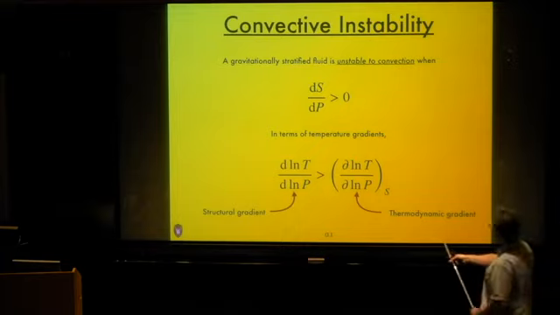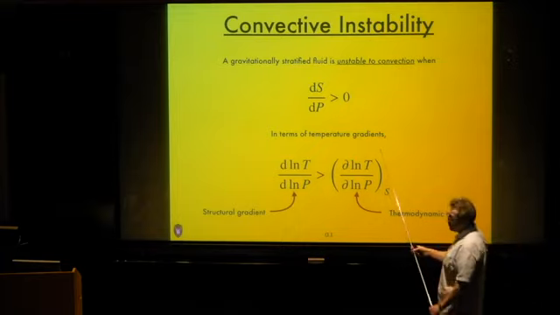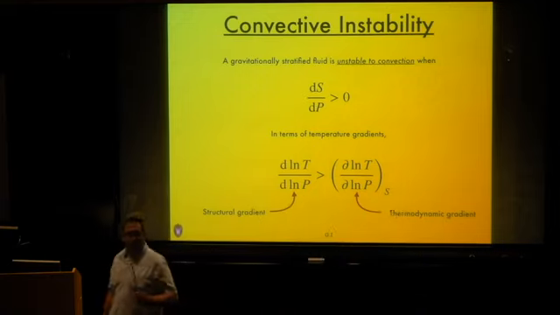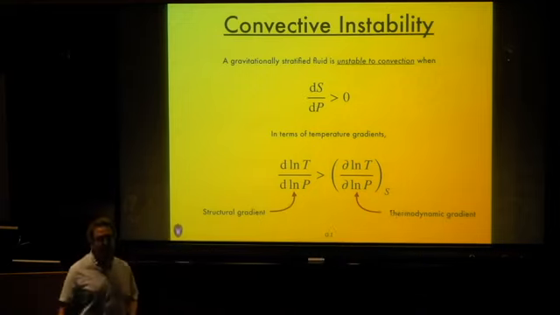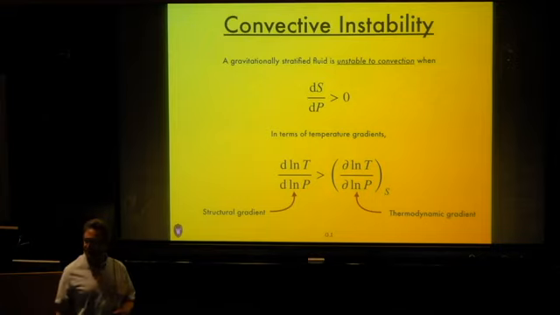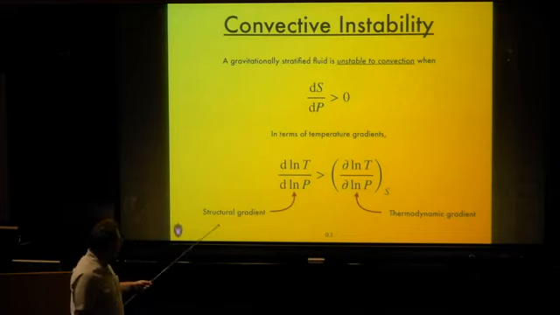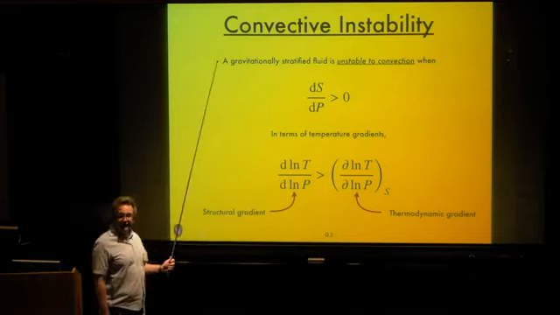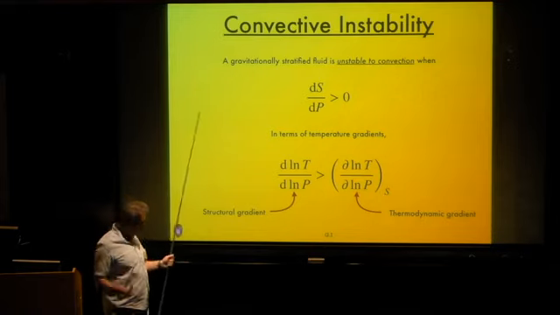On the right-hand side, something that depends on the thermodynamic properties of the fluid. For an ideal monatomic gas with no ionization effects, the quantity on the right-hand side is 2/5. So what this is really telling us is that anywhere in the star where d log T by d log P exceeds 2/5, we should expect convection to occur. And that's really what we see.